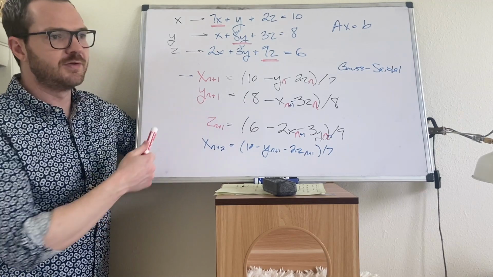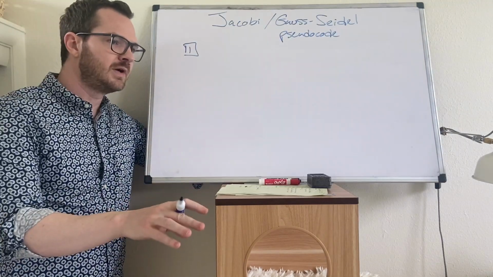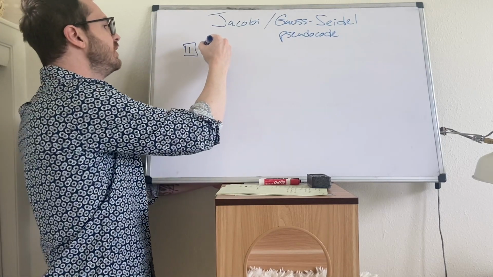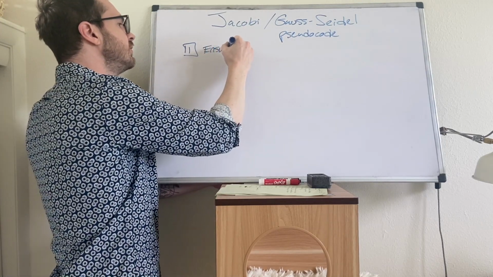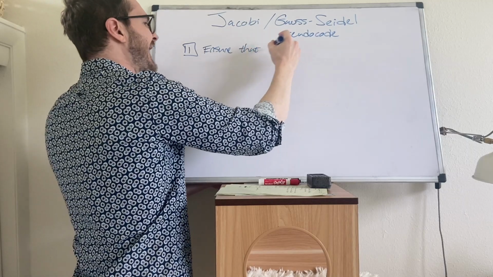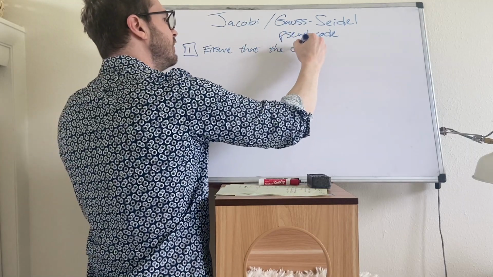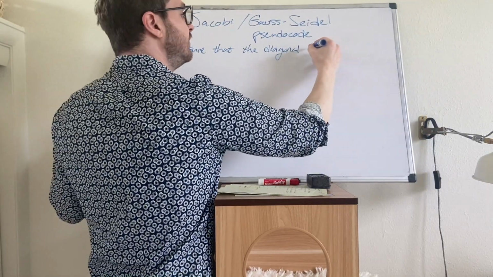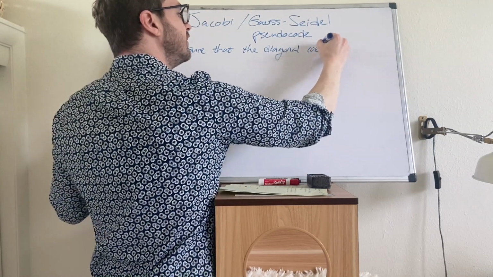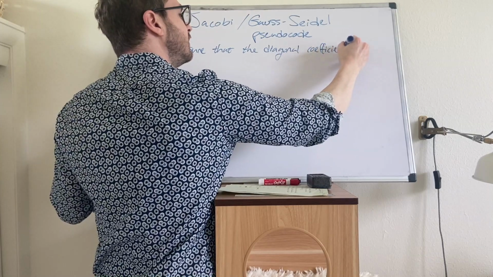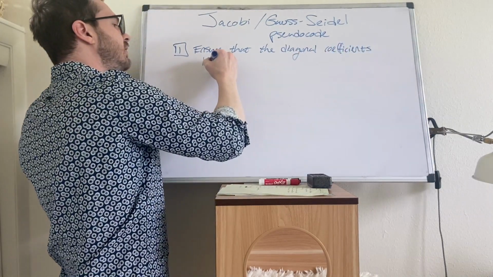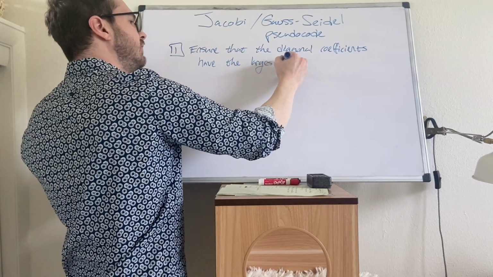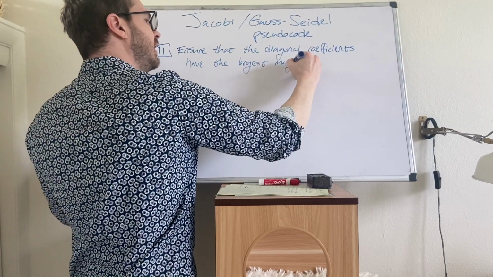Okay, let's present the pseudocode for this. Remember the condition about Jacobi and Gauss-Seidel methods. Number one, you need to ensure that the diagonal coefficients have the highest magnitudes in their respective equations. So the largest magnitudes.